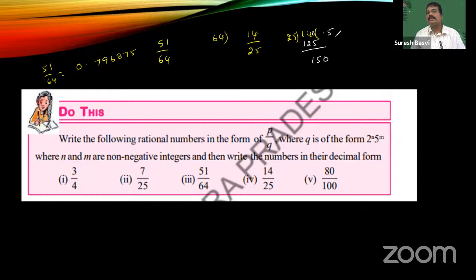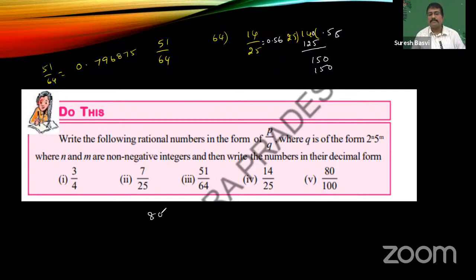Then 15 is there. 25 6s are 150. Am I right, Anna? So 0.56. It is nothing but 0.56. Why? Because your denominator is in the form of 5 power m. That's why it is going to terminate.